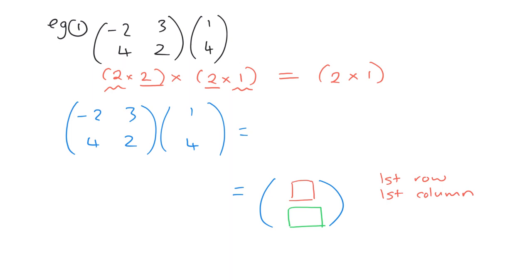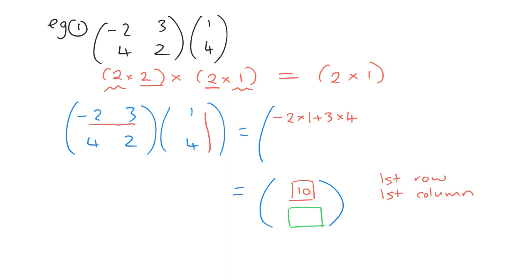So we're going to multiply the first row of the first matrix by the first column of the second matrix and add them together. So that's going to be minus 2 by 1 plus 3 by 4. So when we multiply that, we get minus 2 plus 12, so we get 10.